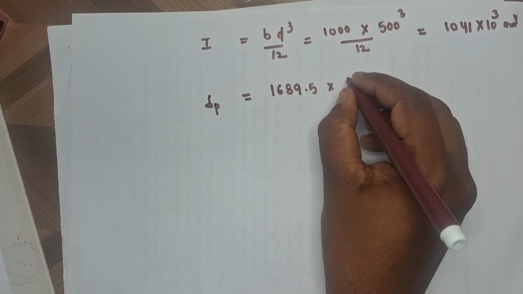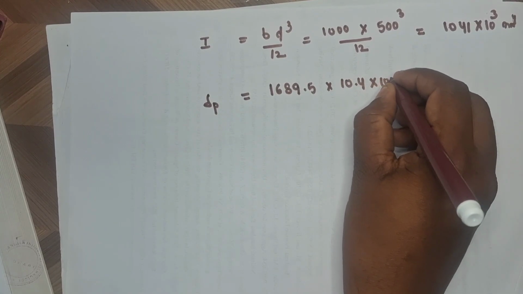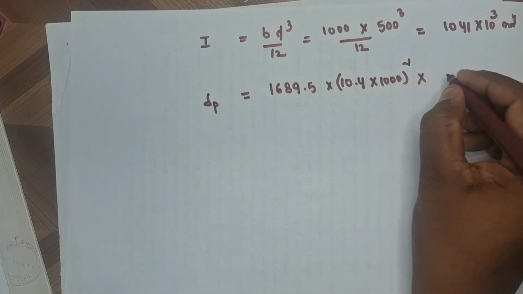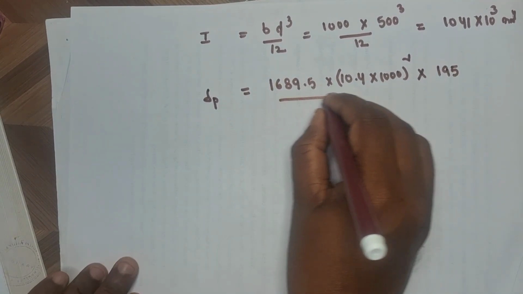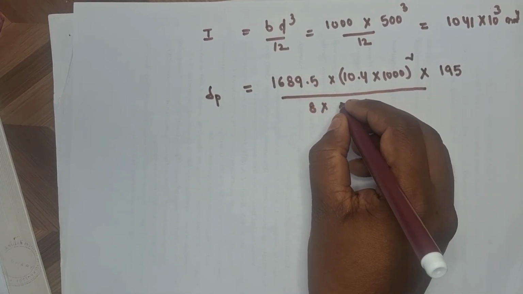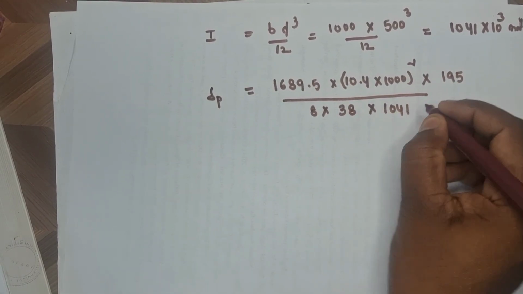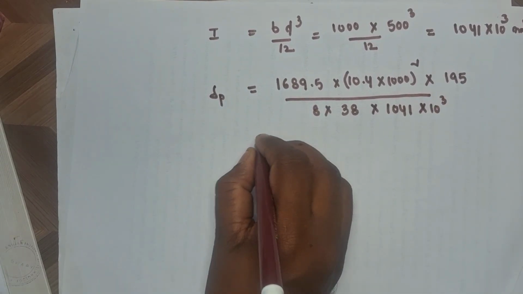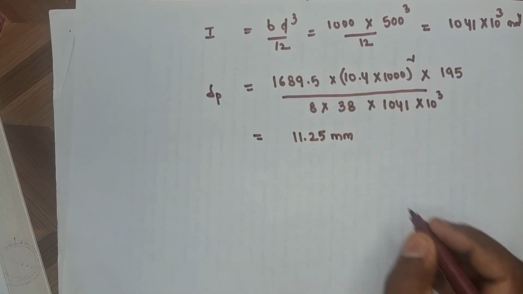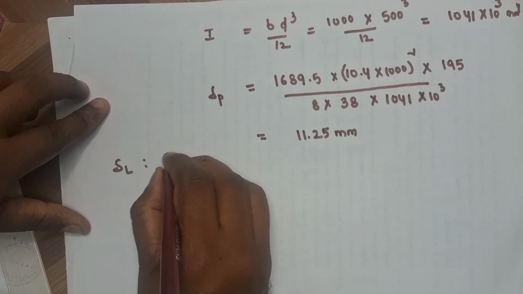Span is 10.4 meters multiplied by 1000, converting meters into mm, multiplied by eccentricity 195, divided by 8 times modulus of elasticity given as 38 and I value 1041 times 10 cube. Now the value is 11.28 mm.